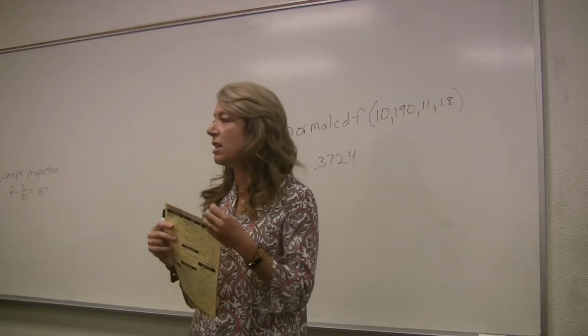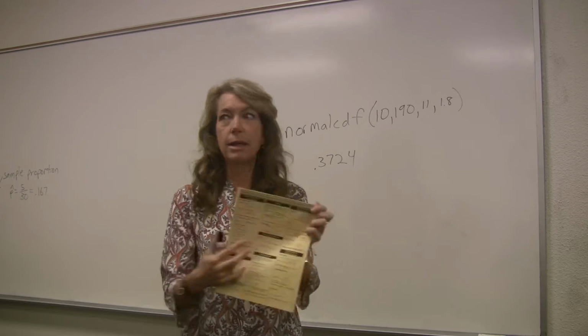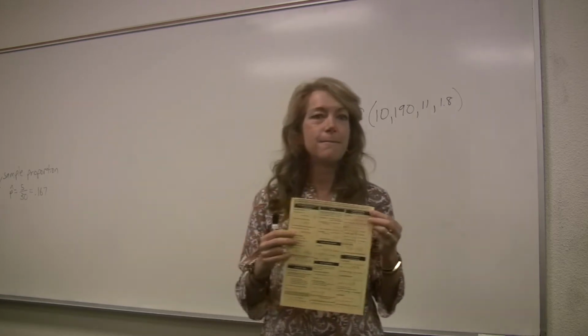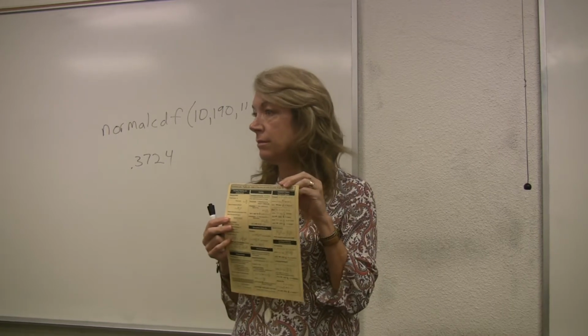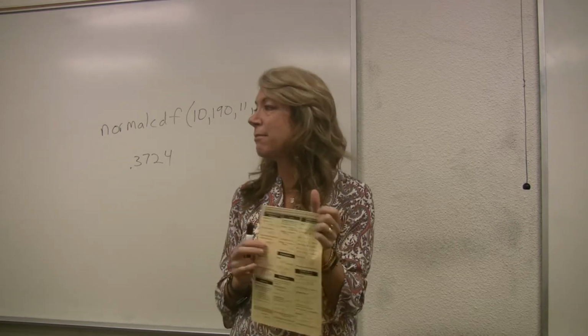On the front page in the upper right-hand corner, notice what it says up there? Confidence intervals using one sample, which is all we've done so far, one sample at a time.